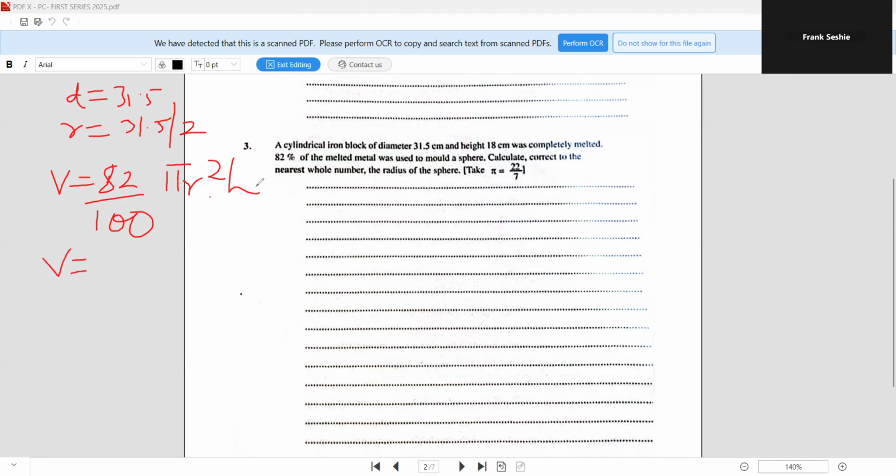So the volume of the sphere becomes 0.82 times 22 on 7 times 31.5 out of 2 times 31.5 out of 2 times the height of 18.